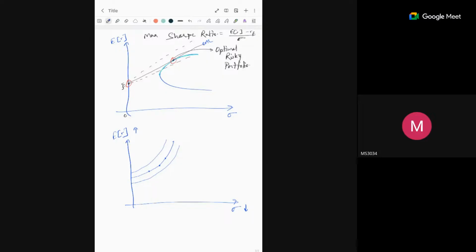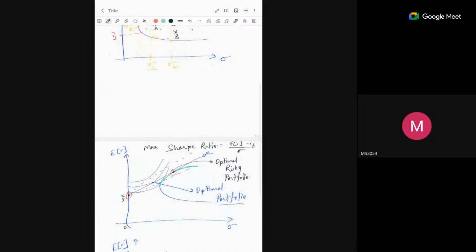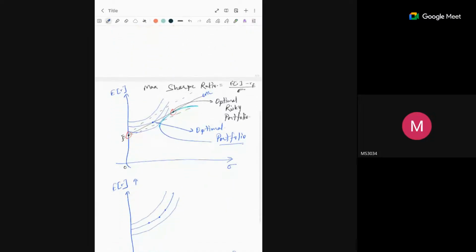Okay, so that exercise would give you, let's suppose it is tangent at this point, so this will be your optimal portfolio. So this is the process, this is the main working behind the Markowitz model.